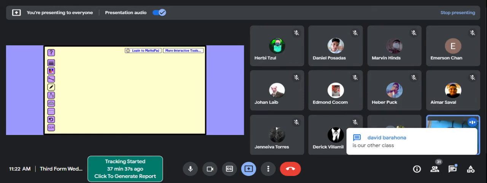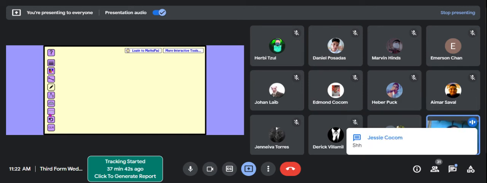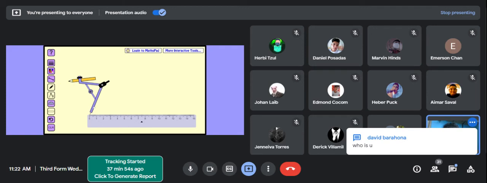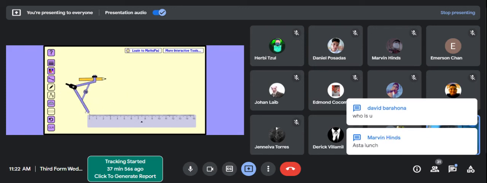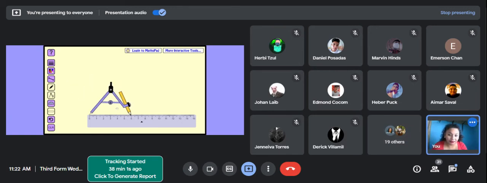The first thing that we're going to be drawing is one side of the shape. The first side that we would like to draw is PQ. PQ measures 5.4. So take your compass and measure 5.4 exactly. It's 5 and then 4 little sticks after the 5. 5.4.